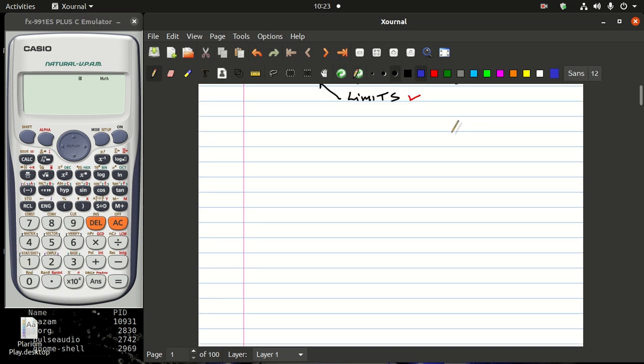We talked about continuity. I want us to remember some of the important points on continuity.